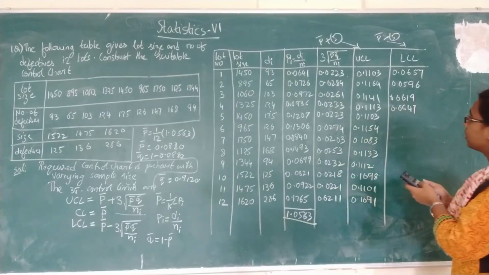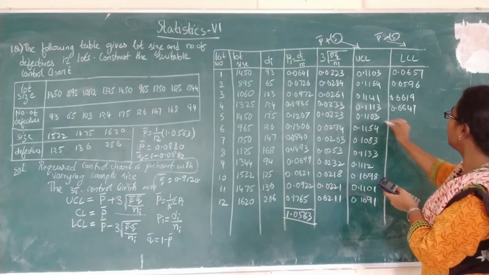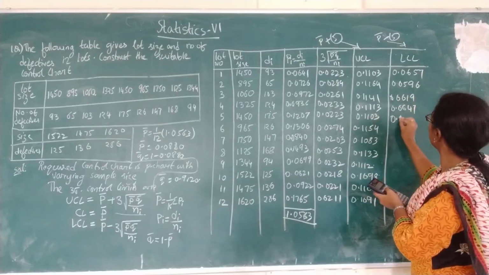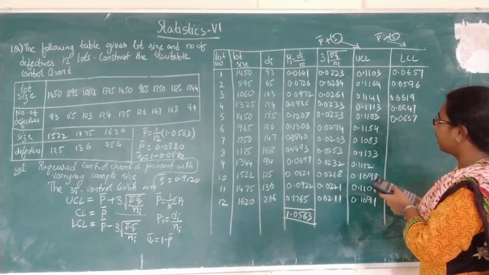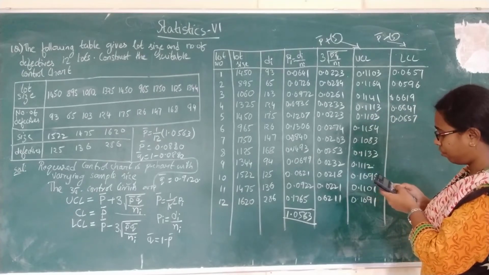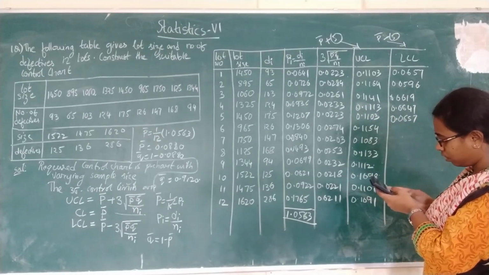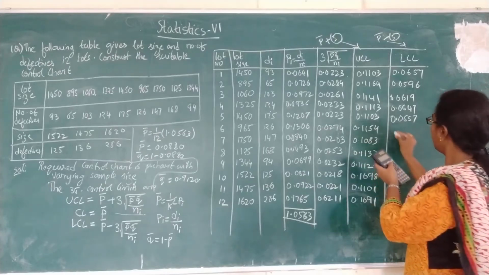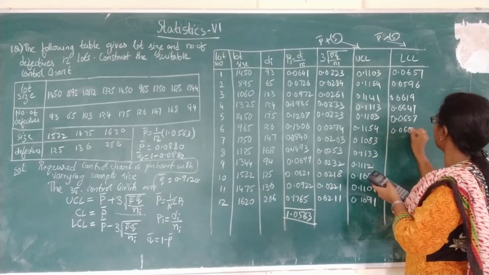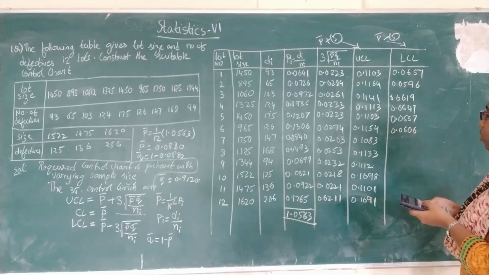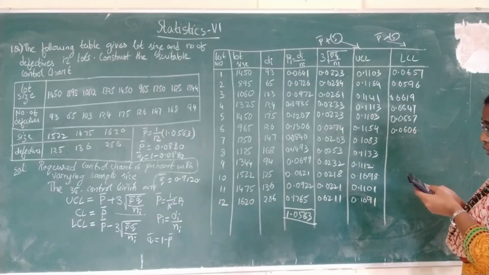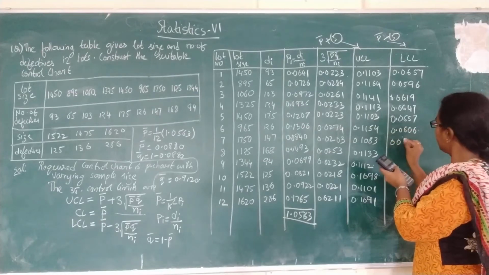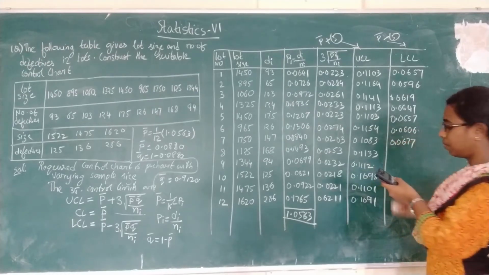Next is 0.0223, the same first value, that is 0.0657. Next, 0.0274, you get 0.0606. Next, 0.0203, giving 0.0677.